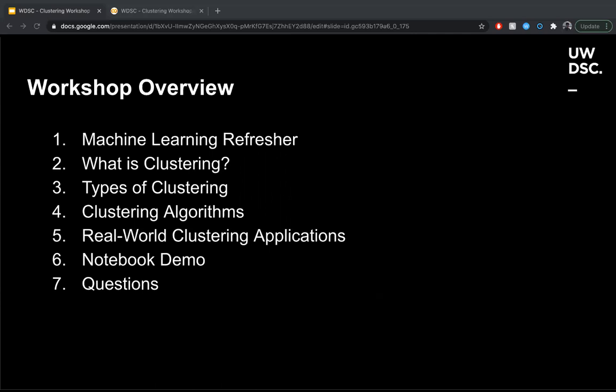That's going to be the biggest part of the presentation. And then I'm going to touch on 3 real-world clustering applications at the end and go over a short notebook demo. It's fairly short, but the goal of it is to kind of show where some Python libraries that use clustering are and sort of how to work on your own project involving some of the stuff that I discuss in this presentation.